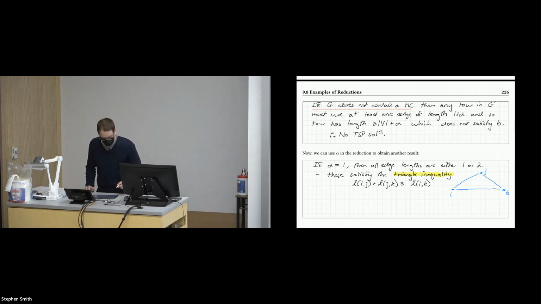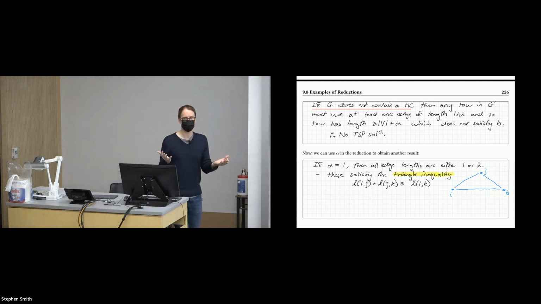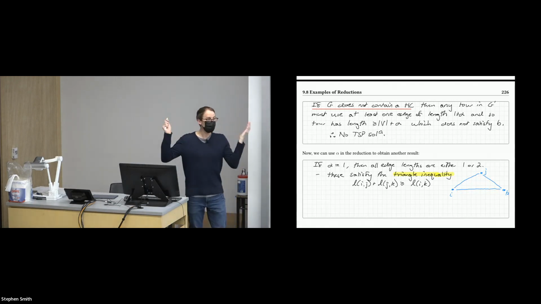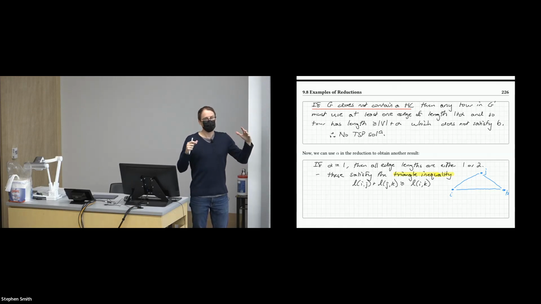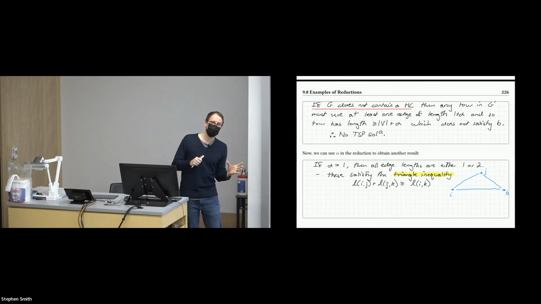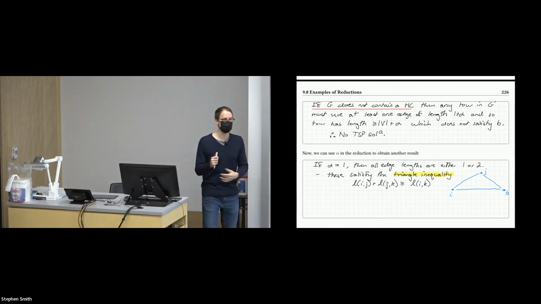And then you can see that this would then prove that Hamiltonian cycle also reduces to TSP with the triangle inequality. Because now I've created an instance of TSP that satisfies triangle inequality. So this might not be interesting to you, but people think TSP with triangle inequality is a more relevant instance. That's what most real world instances will look like.